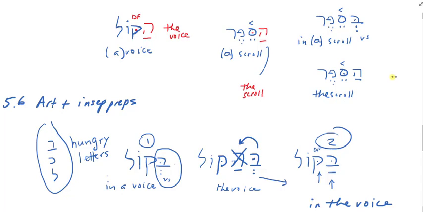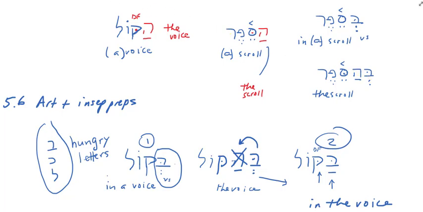Well, what if I want to say in the scroll? I would attach the bet preposition with its vocal shva, but then remember, inseparable prepositions like bet, kaf, and lamed, when they see hay, they want to eat it. Chomp, chomp. So what's going to happen here?